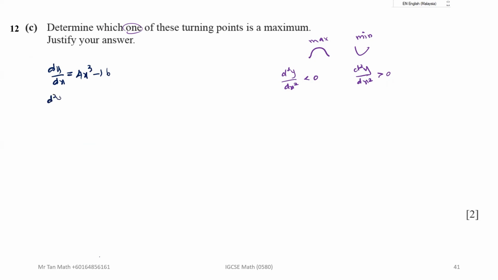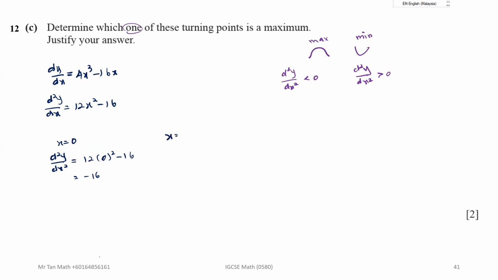So second derivative equals 12x squared minus 16. Okay, so you check when x equals 0, your second derivative is equal to 12 times 0 squared minus 16. So you get minus 16. This is less than 0.